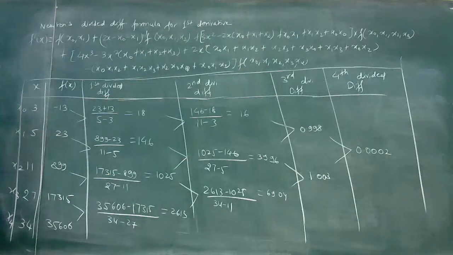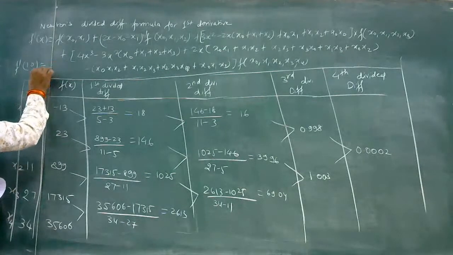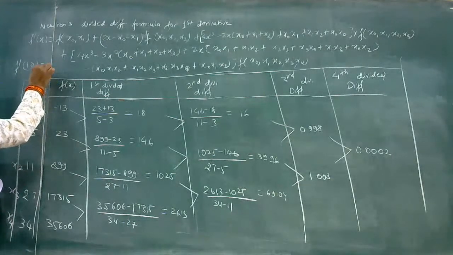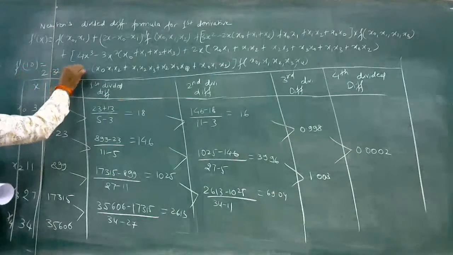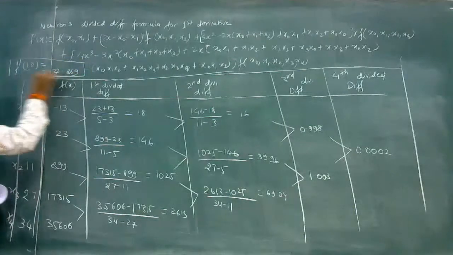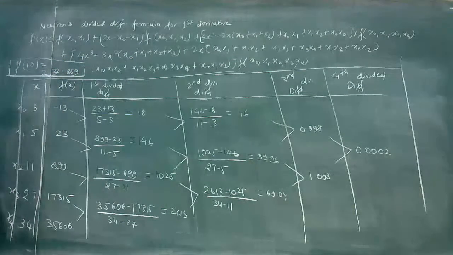So you will get f dash of 10 is equal to 232.86. So you will get this one. Okay.